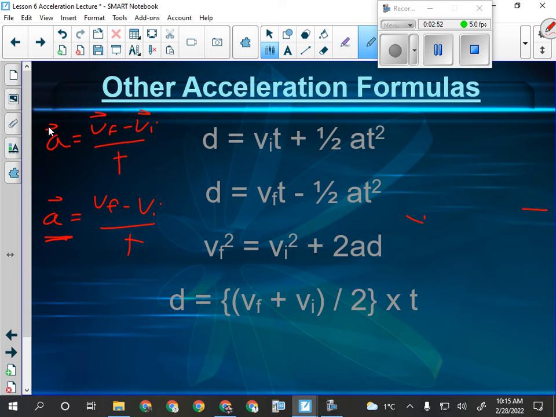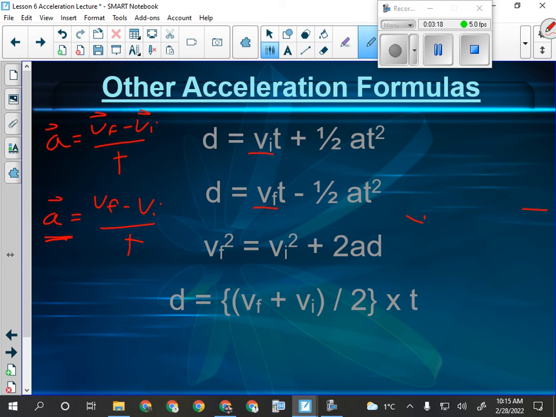Because in order to solve for t using either one of those, if vi is not 0, would involve the f word, factoring. You thought I was going somewhere else with that. Shame on you. So I would have to factor either one of these if I was going to solve for t if vi or vf were not 0.